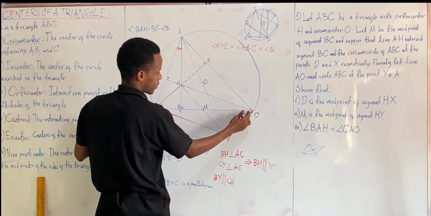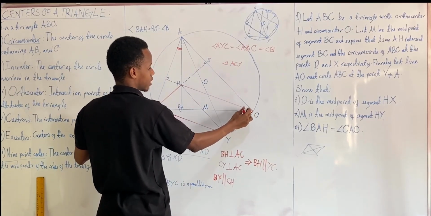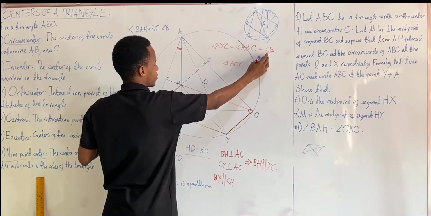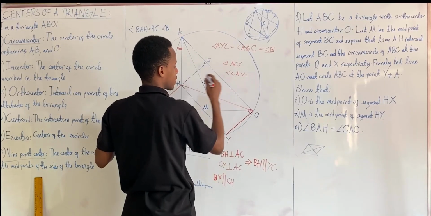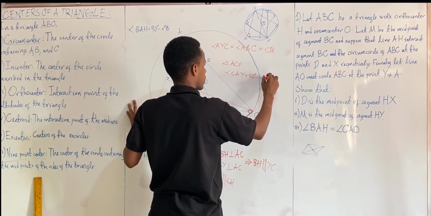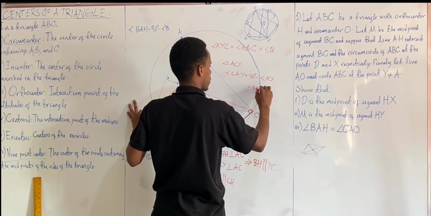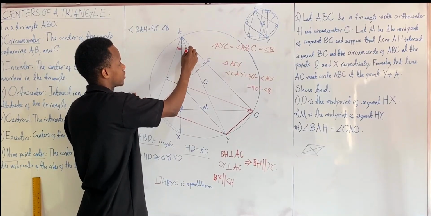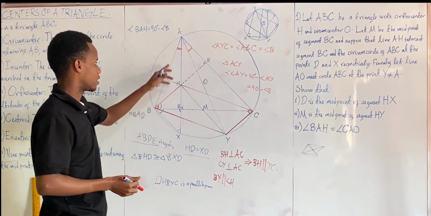Now this is the same as the angle B, but again you have a 90 degrees angle here. So if you consider triangle ACY, this is a right triangle at the point C, and we know that the angle AYC equals angle B, and so the angle CAY will be equal to 90 degrees minus angle ACY, which is the same as 90 degrees minus angle B, because angle ACY is the same as angle B. And so that implies that this angle is the same as the angle that we have seen before, angle BAH.